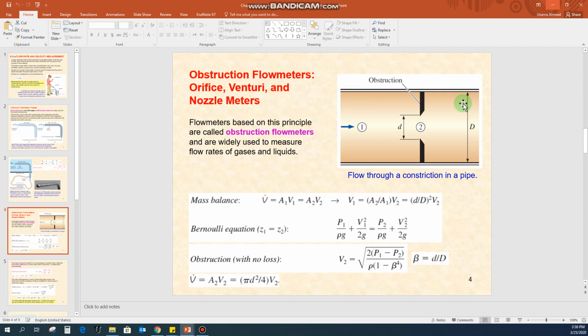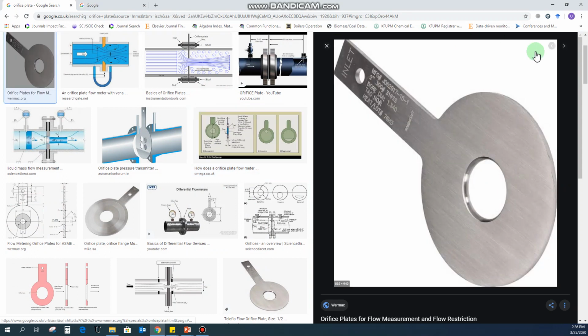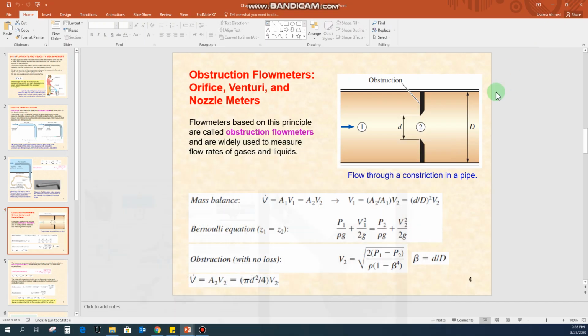For example, we have this kind of orifice meter that we attach on the pipeline. We can have this kind of arrangement. Point 1 represents the complete diameter or area of the pipeline, and point 2 represents the area for the flow of the fluid within this orifice meter, right?